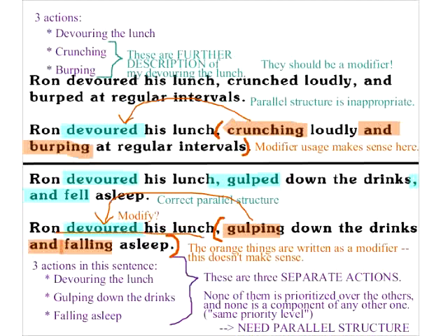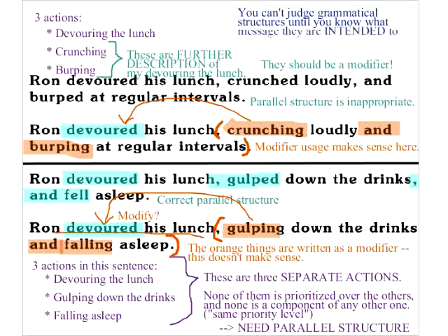So notice again, as usual, the intention is everything. I mean, there's no such thing as grammar alone. You can't judge grammatical structures until you know what message they are supposed to convey. So, a very important point.